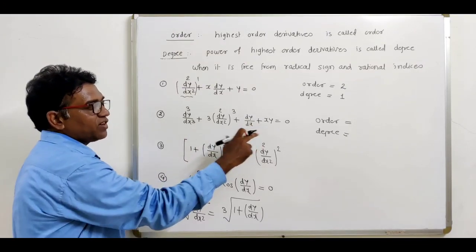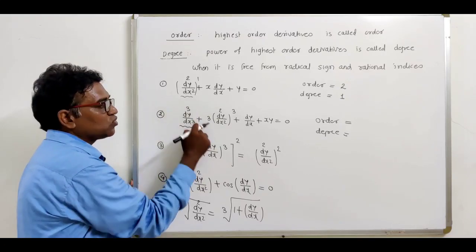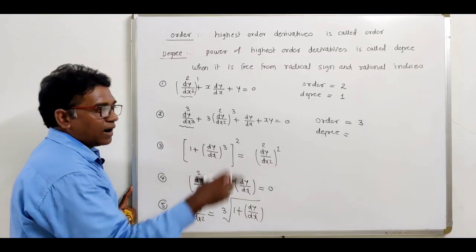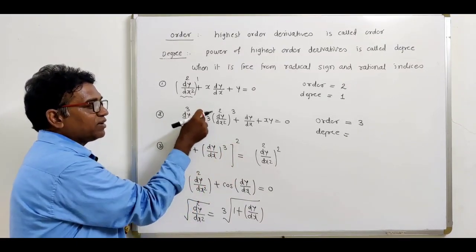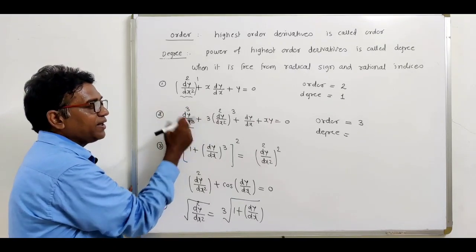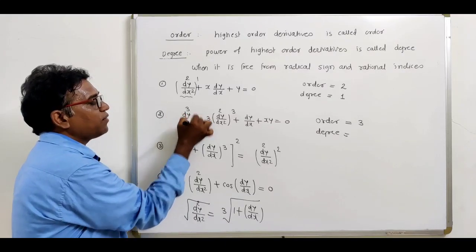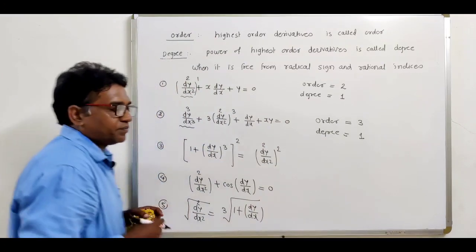In this differential equation, the highest order is d cube y by dx cube. So the order of this differential equation is 3. And what is the degree? Just find out the power of the highest order derivative. d cube y by dx cube is the highest order, and its power is 1. So the degree of this differential equation is 1.